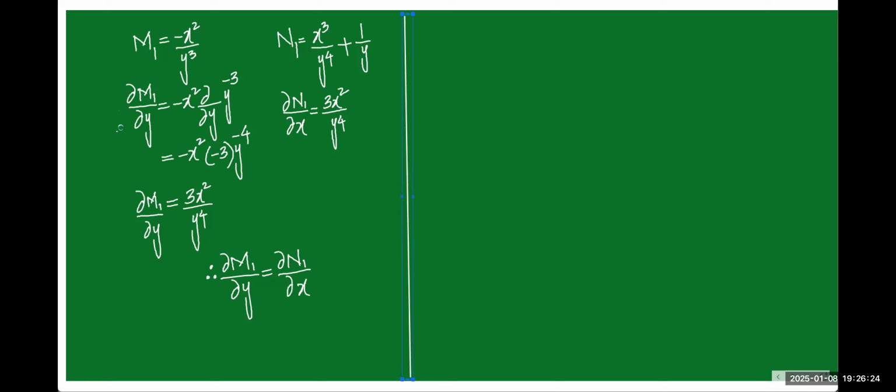Now the solution is, what is the solution? Tell me. Integration of M1 dx, our M1 is exact, plus integration of N1 dy is equal to constant. But here y is a constant.